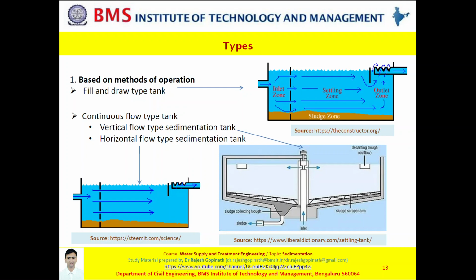So unlike your fill and draw type, here the basin does not behave for storage, but the water enters and is moving steadily along the length and exiting at a pace which is so slow that it allows sufficient settling to take place. Now, depending on how the water enters the sedimentation tank, you can again categorize them as vertical flow or horizontal flow.